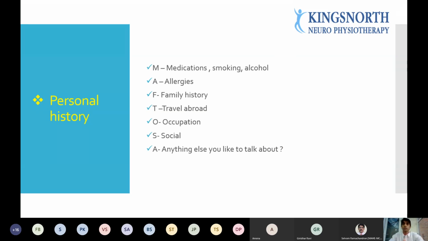For this one, we are talking about the personal history now. So we can think about the medications, but remember to ask both prescribed and non-prescribed, because many patients use drugs or medications from a pharmacist, or they might just buy them themselves.